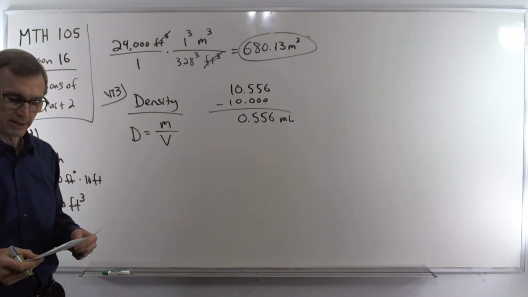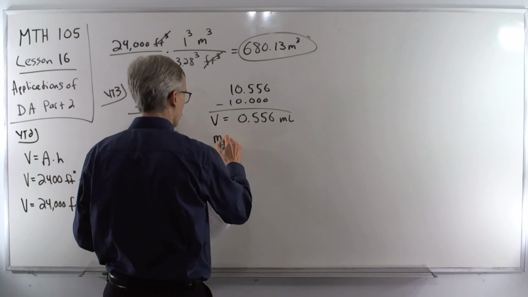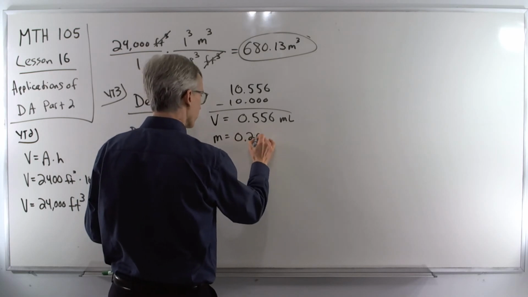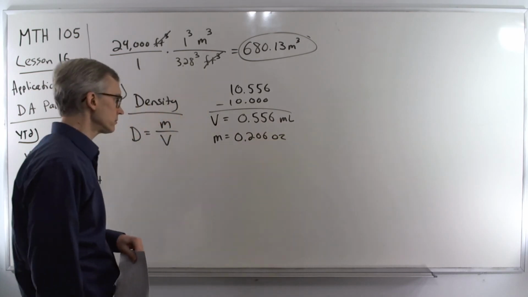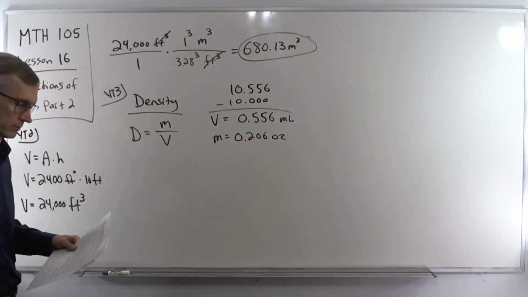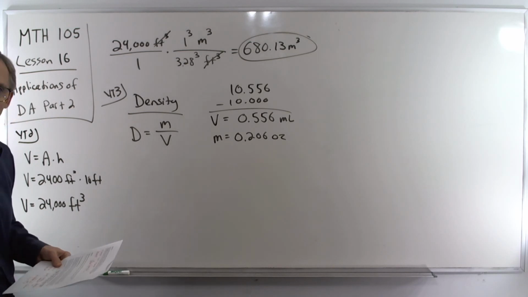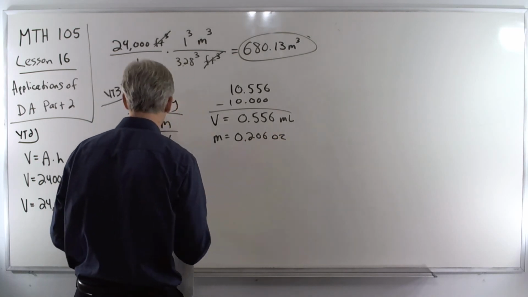And we also know the mass of the ring. That's given. She measured it to be 0.206 ounces. So now we can find the density, but if we find the density, it's going to be in ounces per milliliter.